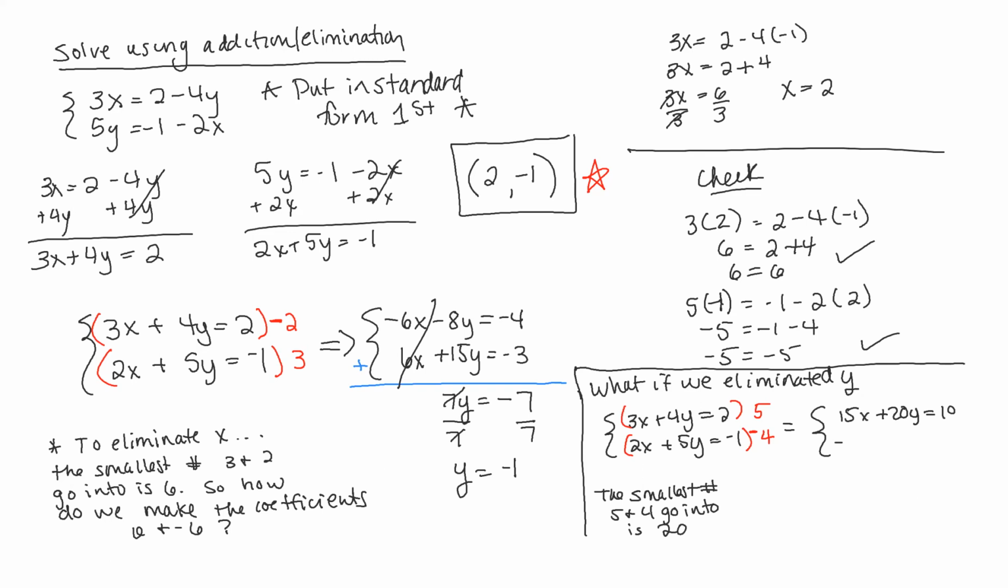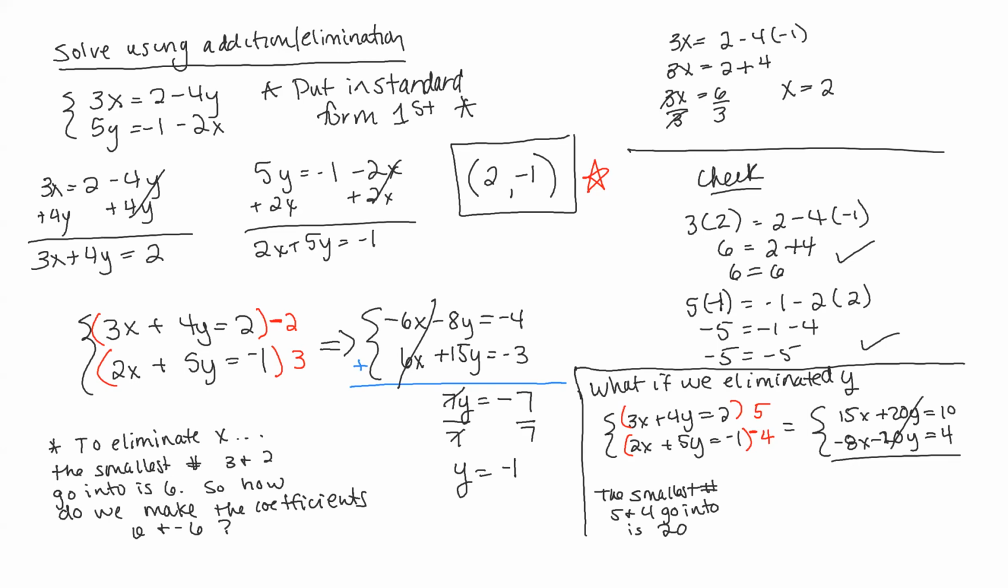And then we get negative 8x minus 20y equals 4. So your 20y's would cancel, okay? So just know it doesn't matter which variable you choose to eliminate, you're going to get the same solution either way. Just understand how to eliminate a variable.